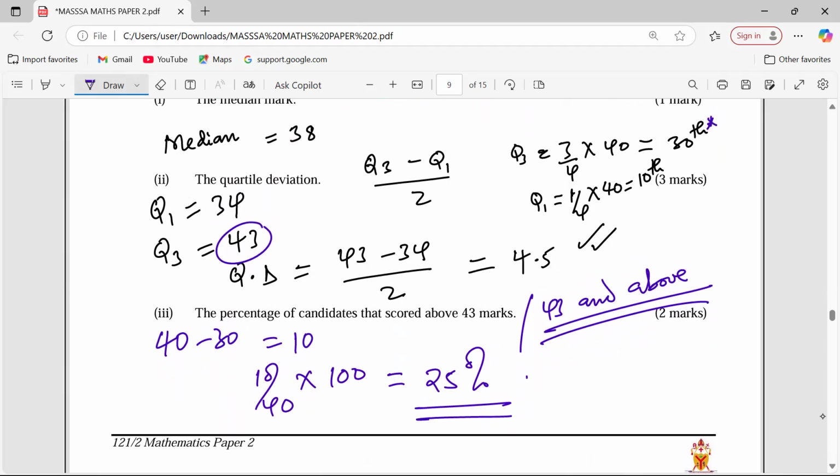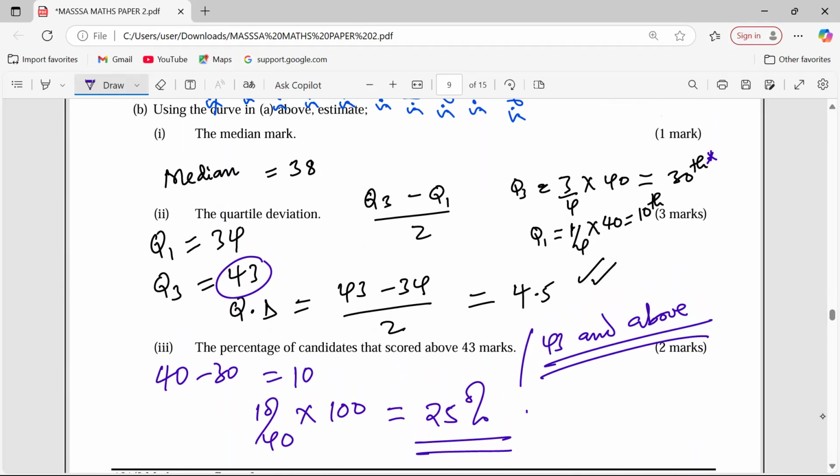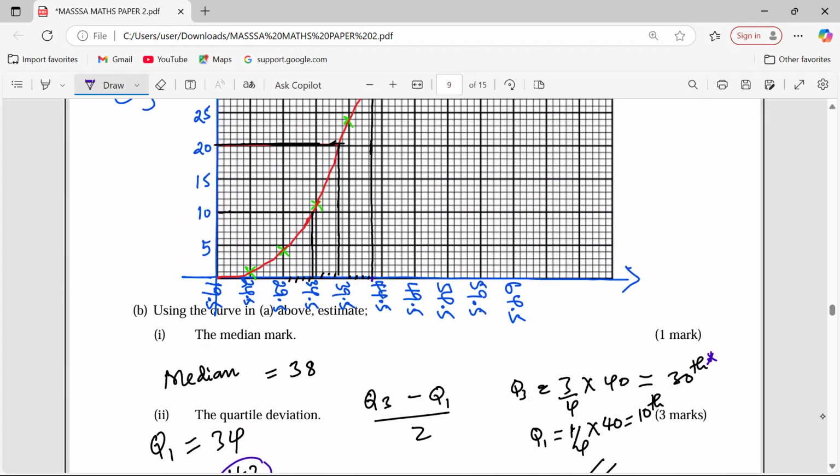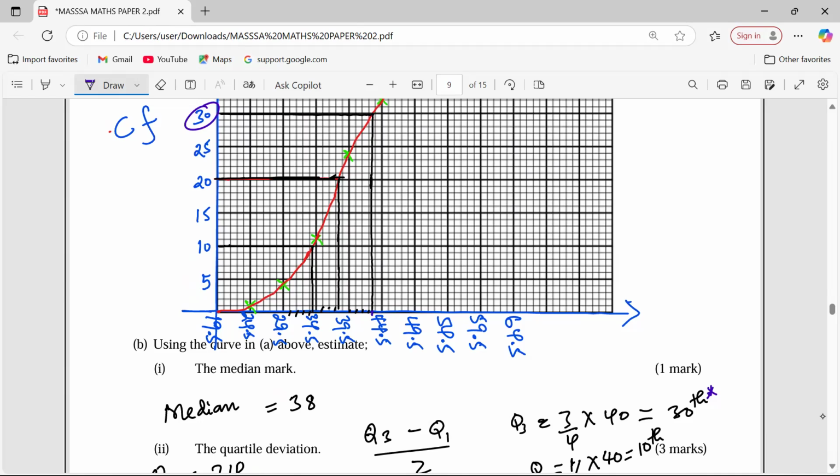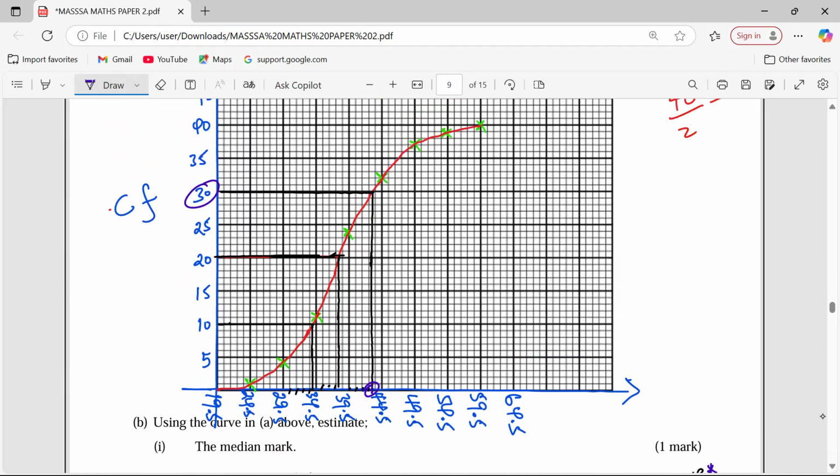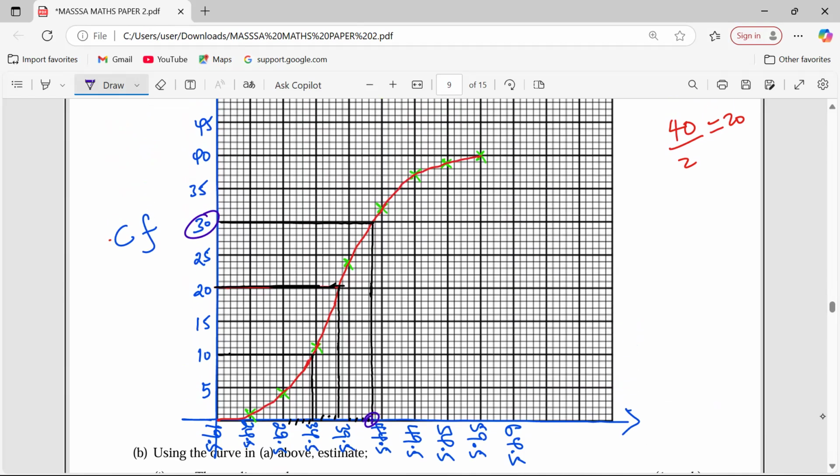I hope that we are together there. So when we are told above 43, we check the 43rd mark, which is already identified here. Then from the ogive, the number of learners is 30 exactly. So 30 all the way to the last student, that is the 40th. The learners between there are 10.